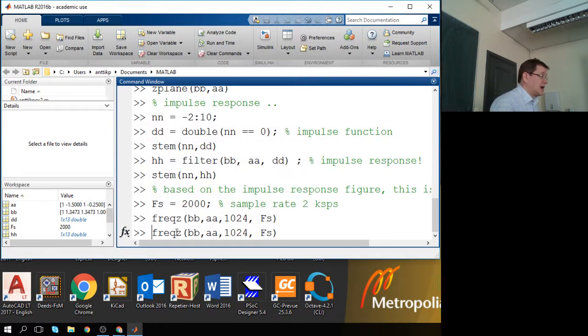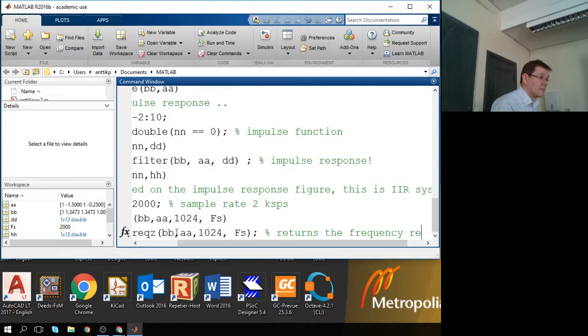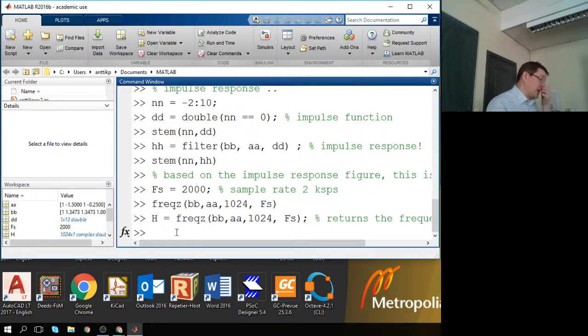So we can actually calculate, okay. Putting an output variable on our freqz function actually gives you the frequency response calculated at those points. There.